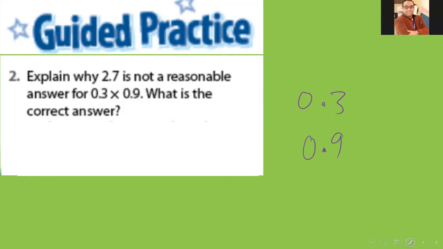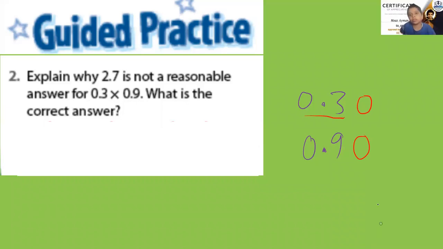Okay, Muaz. He said the word not reasonable. It means not right, not correct, it means wrong. Okay, why? If we focus on this 0.3, is 0.3 less or more than 1? Less than 1. And the 0.9 is also less than 1.